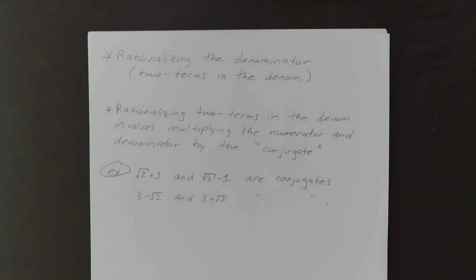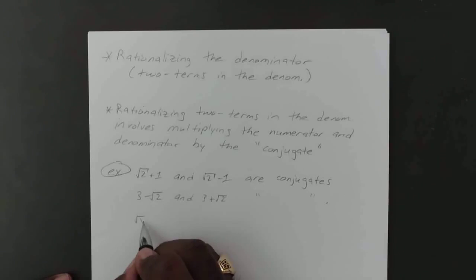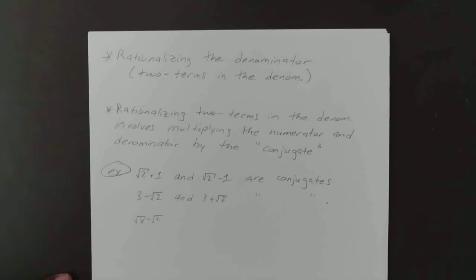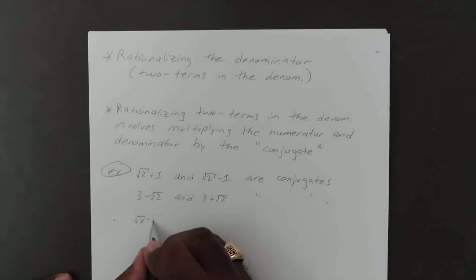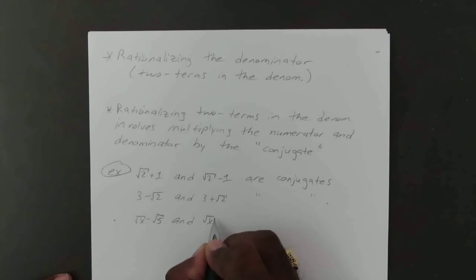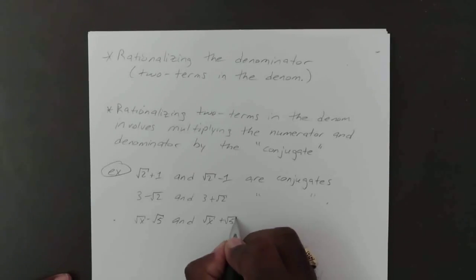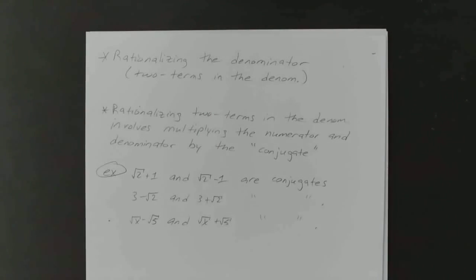Even if you had two radical symbols, say square root of x minus square root of, let's say 4, that'll just become 2. Say square root of x minus square root of 5 and square root of x plus square root of 5 are conjugates. So all you're doing is just changing the sign and then multiplying.